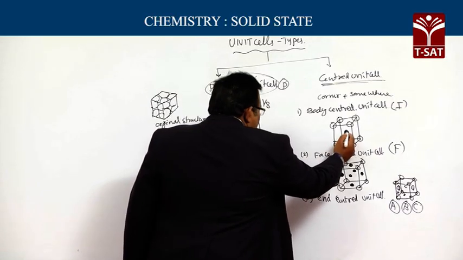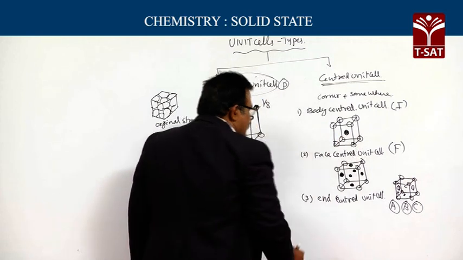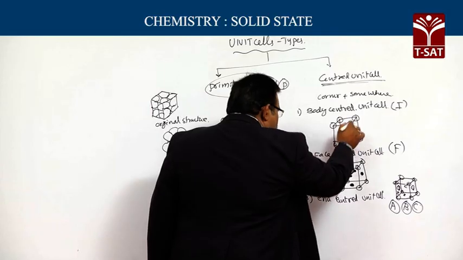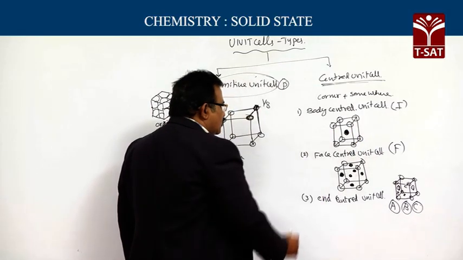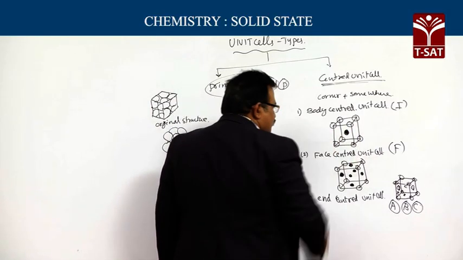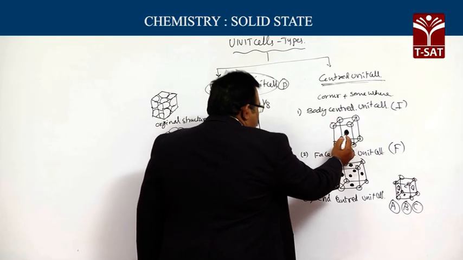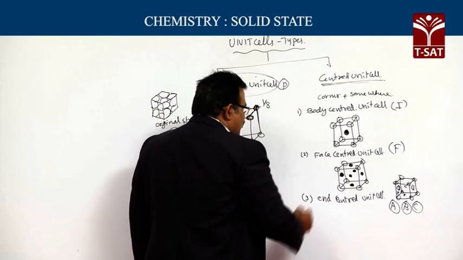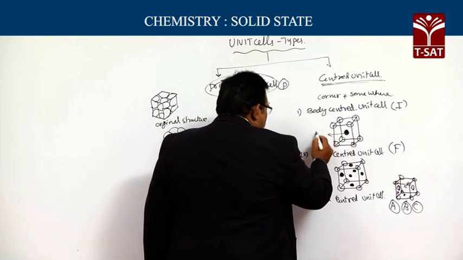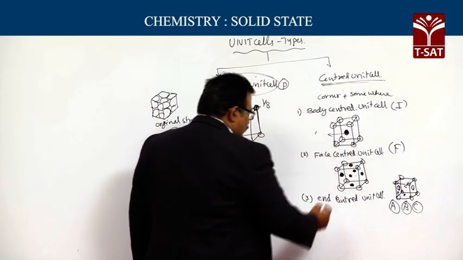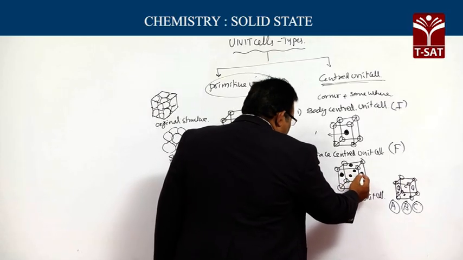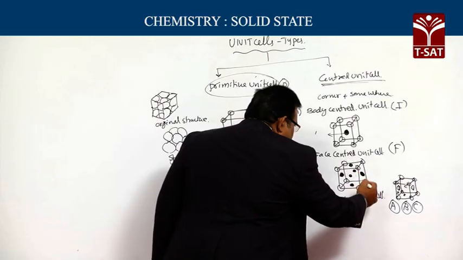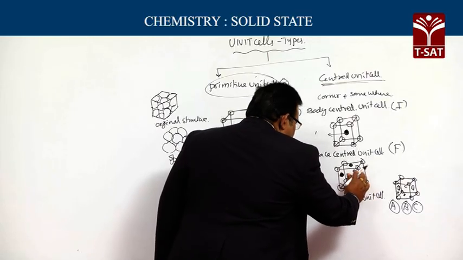If you talk about the sphere present at the body center, only this body centered sphere belongs to this unit cell only. So, there is no sharing. So, contribution of spheres to this unit cell is 1. This is one contribution. If you talk about the sphere present at a face center, this is a face at its center.